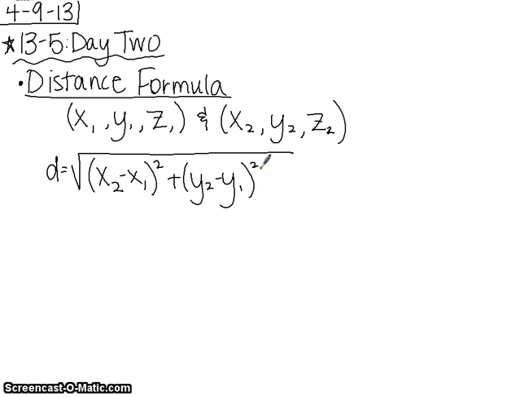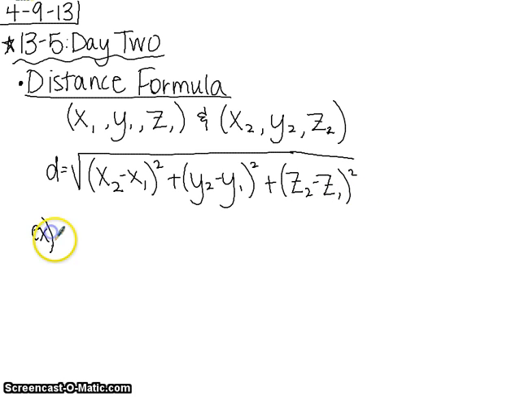That's exactly what you know, only now we just need to account for the z's. So plus z2 minus z1 squared. Okay, so the distance formula is really the same. We're just now including the z coordinates.